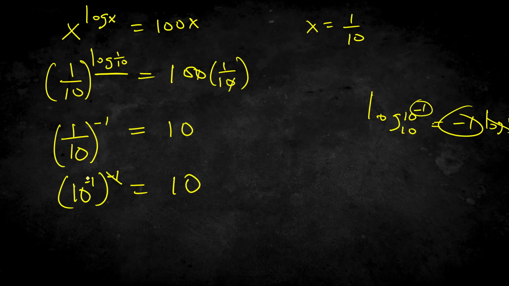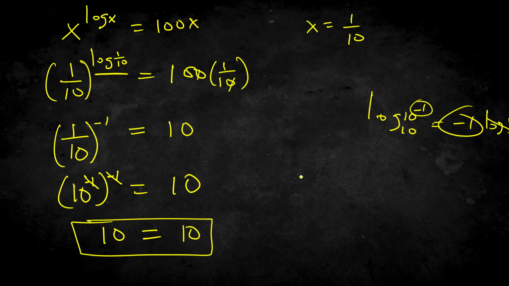So this minus will cancel this. We have 10 equals 10. Hence proved. Therefore, my x is straight away 100 or 1 over 10. That's that.